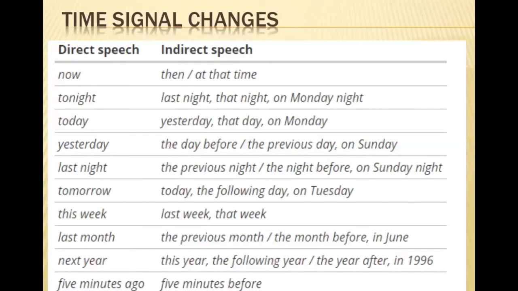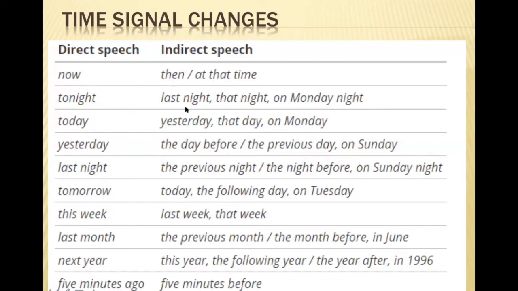Okay, just like what I've told you earlier, if the time of speaking changes, the tenses must be changed, as well as the time signals. This is the table containing the changes of the time signals. Okay, if the direct speech contains now, the indirect speech should be using then or at the time.